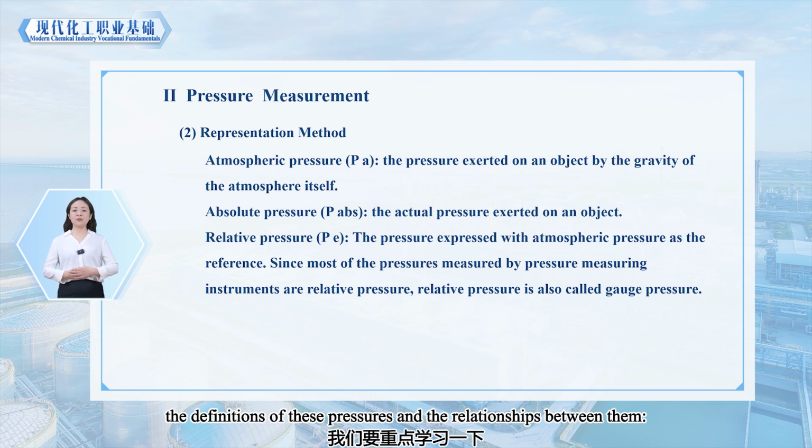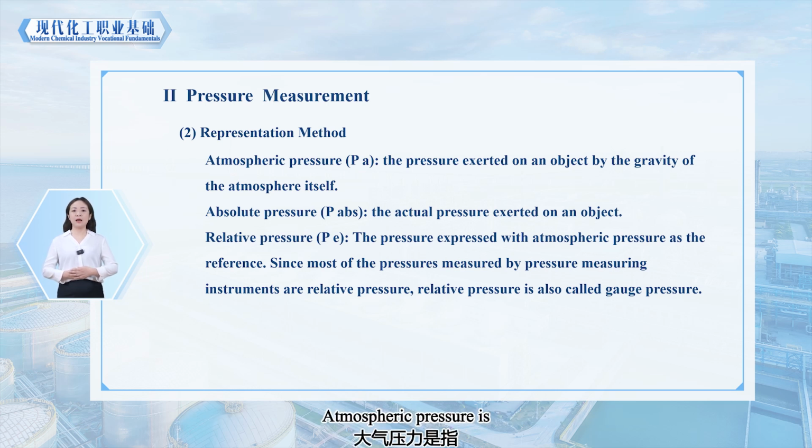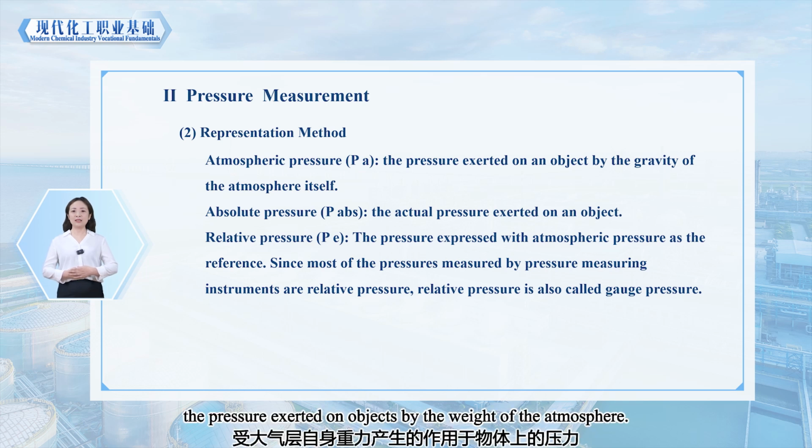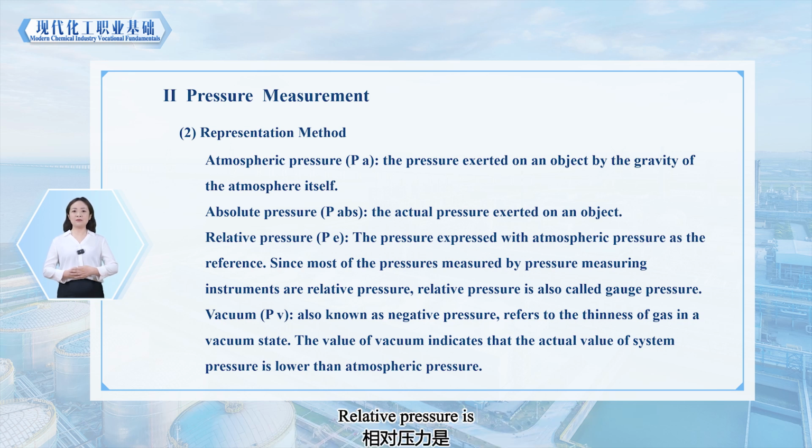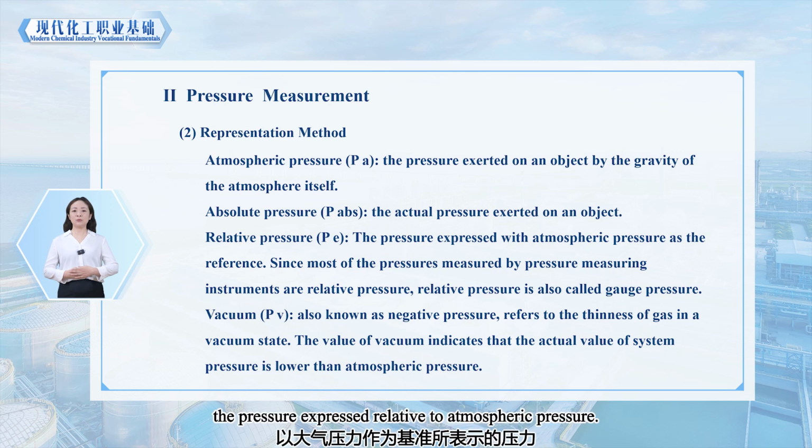the relationships between them. Atmospheric pressure is the pressure exerted on objects by the weight of the atmosphere. Absolute pressure represents the actual pressure experienced by an object. Relative pressure is the pressure expressed relative to atmospheric pressure.